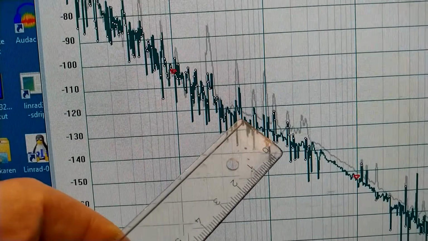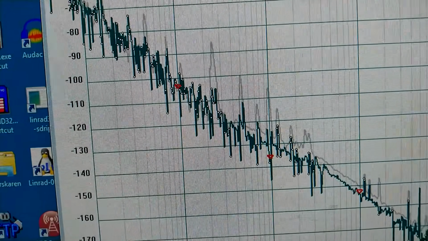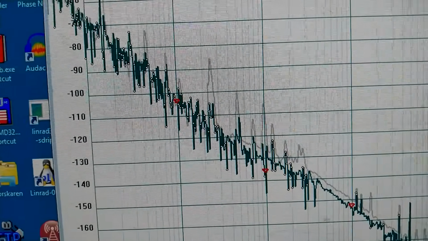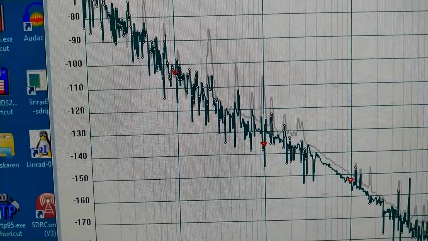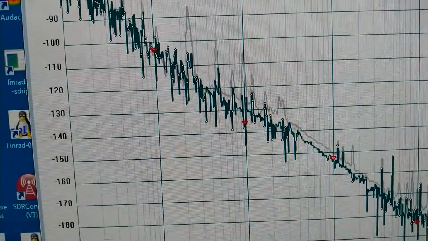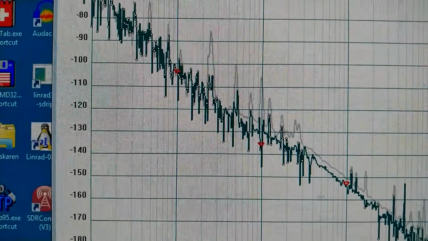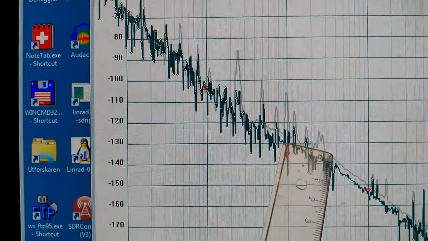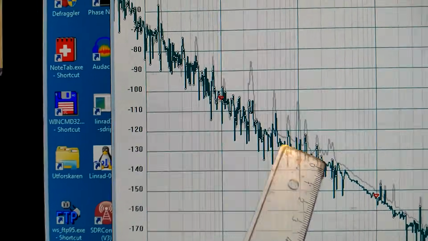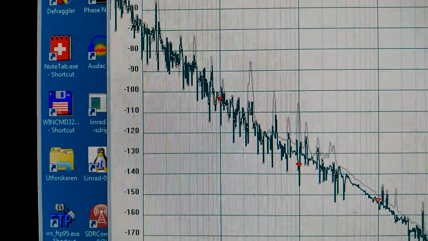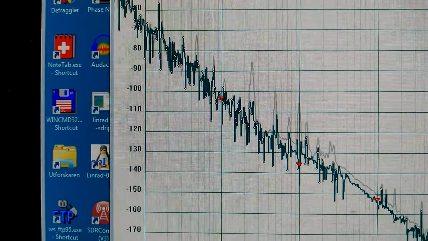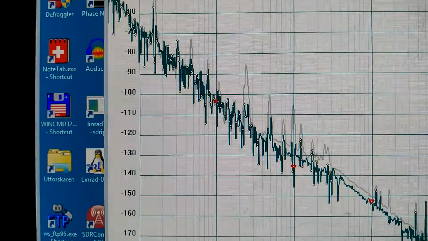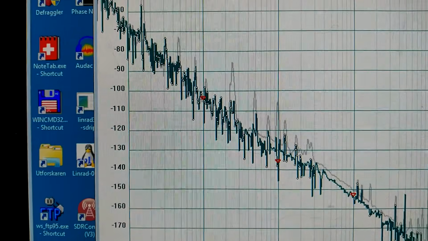The circles here tell me that the result is not reliable. I have not waited long enough. But it is enough to see that the noise at 1 Hertz, including the noise from the gate to drain capacitor, is minus 130. So I will proceed.